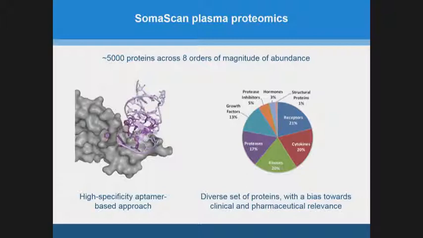Actually, the latest version, which I think is becoming available, is a 5,000 plex of the assay. But it's not an agnostic assay. As you can see, the proteins which have been put on the panel have a bias towards known biology, and particularly proteins with translational relevance and relate to what people in the field might call the secretome, the subset of the proteins that are secreted by cells.